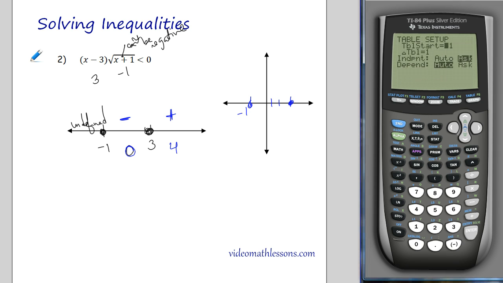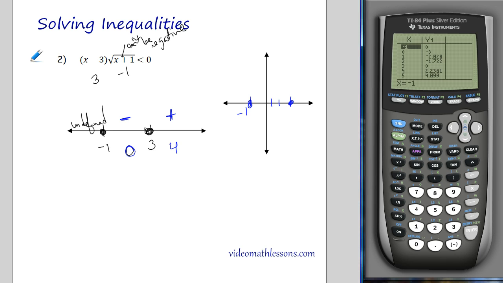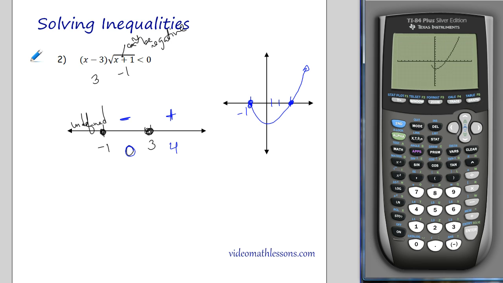And let's go back to normal table. So it says -1 is 0. And at 3 it's 0. Those are my roots. And it says in between them it should be negative. That's why it's below. That's why it does this crazy dip down. And then once it hits this, it goes above. And that's what our graph is telling us. So our graph does a little weird thing over here.